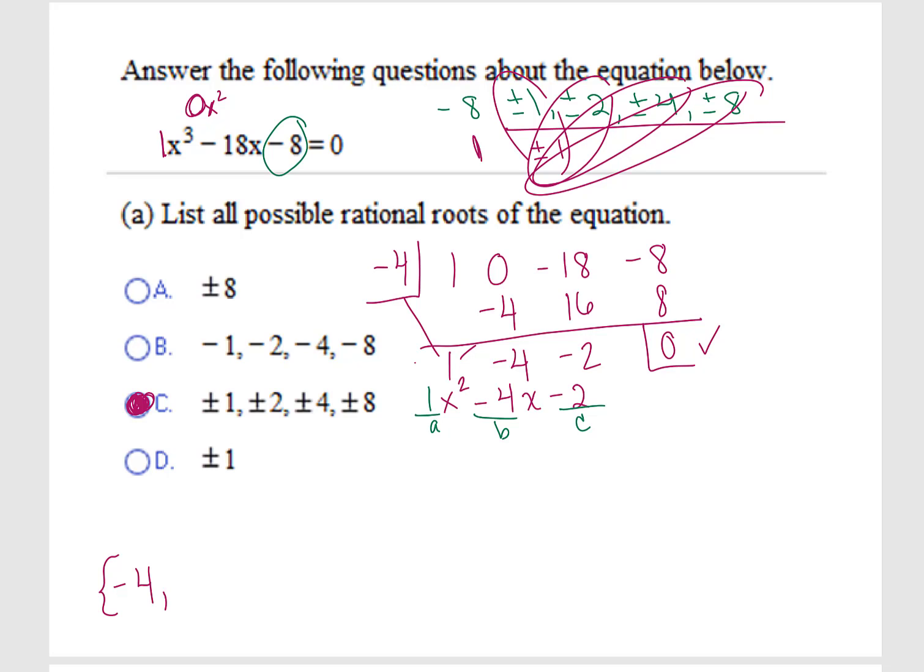So quadratic equation: negative B plus or minus the square root of B squared minus 4AC, over 2A. So we're going to plug it in.